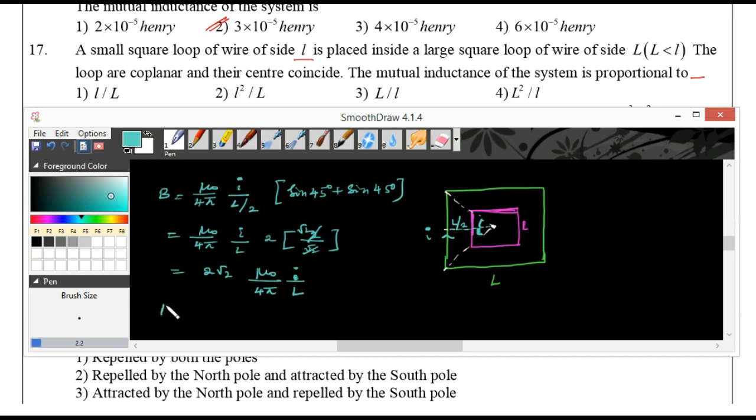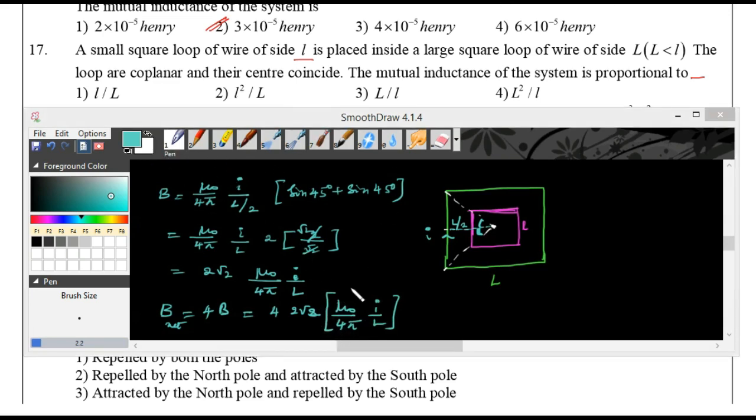So the total B is equal to 4 times the net B, this is only due to the side of length L. So that is 4 times B, that is 4 into 2 root 2 mu naught by 4 pi into I by L.